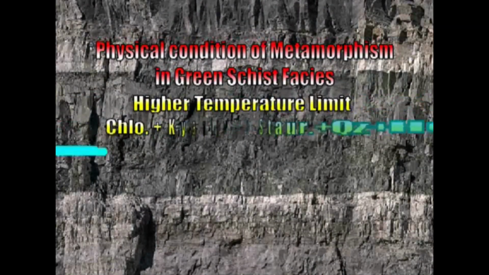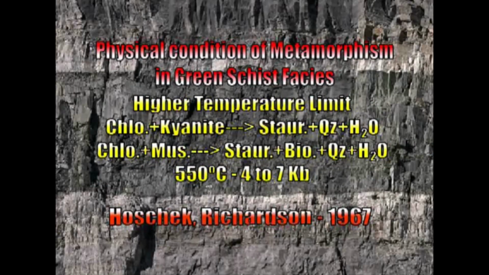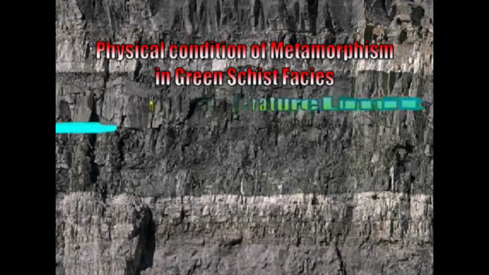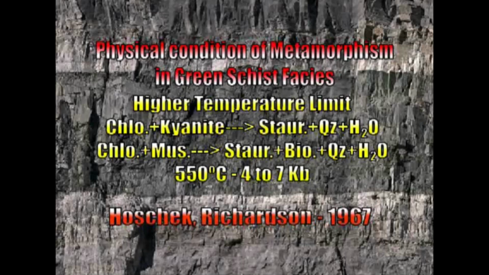The upper temperature limit is recognized by the following reactions. The appearance of staurolite is the first reliable indicator for the upper temperature limit of greenschist facies and also the beginning of amphibolite facies. The staurolite is formed by the following reaction.